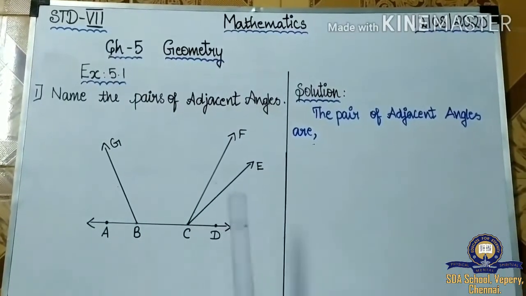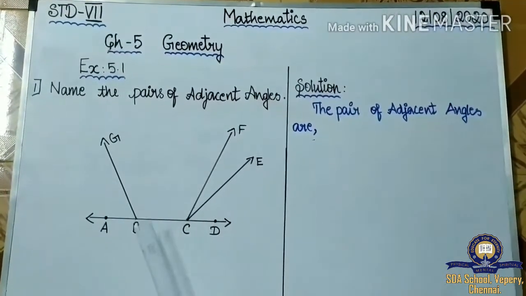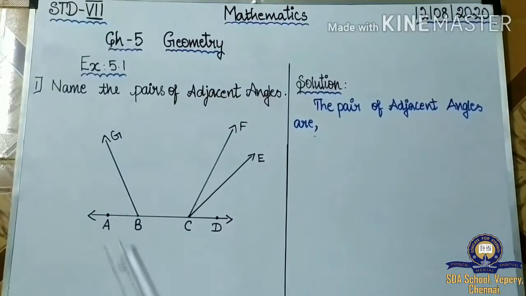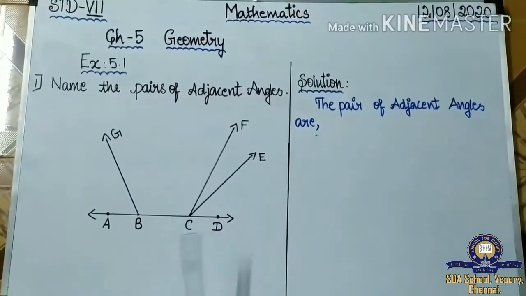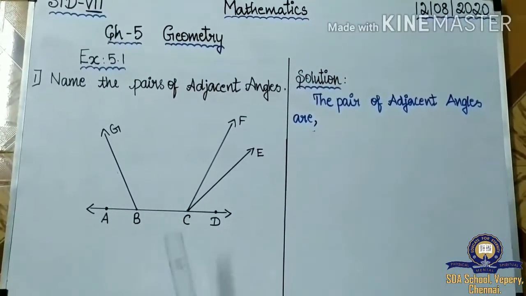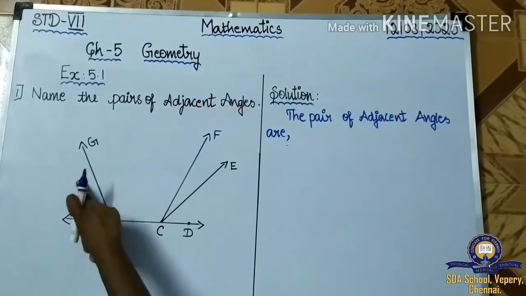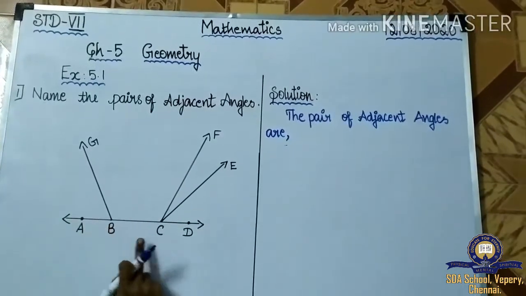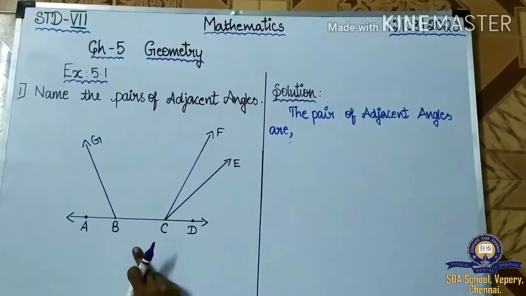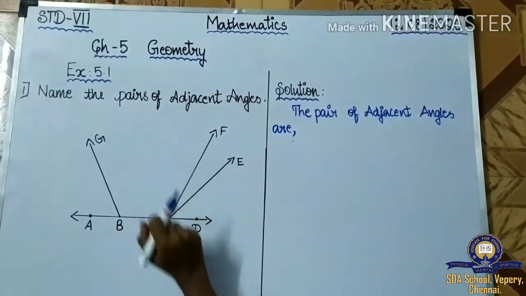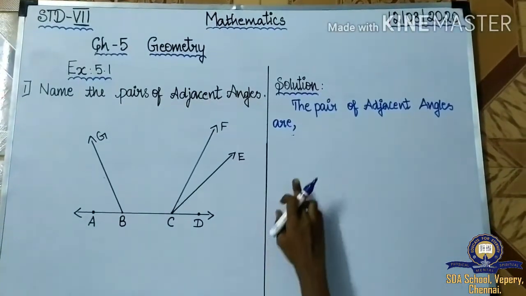In the same way we are going to find the pairs. First, we will take a common vertex. See here, B and C are common vertices. First, we will take angle ABG and angle GBC. So, directly move on to our solution.